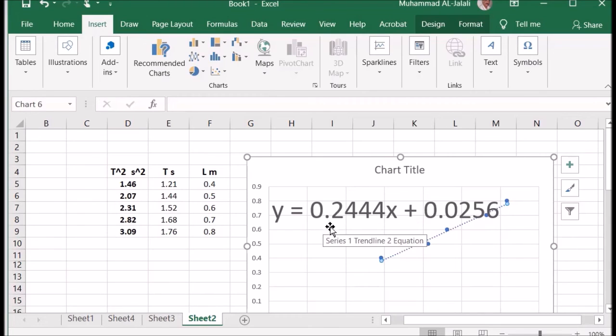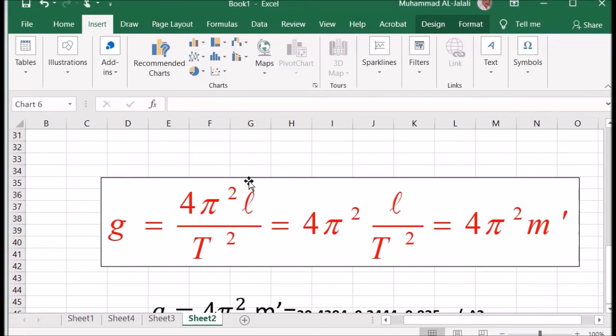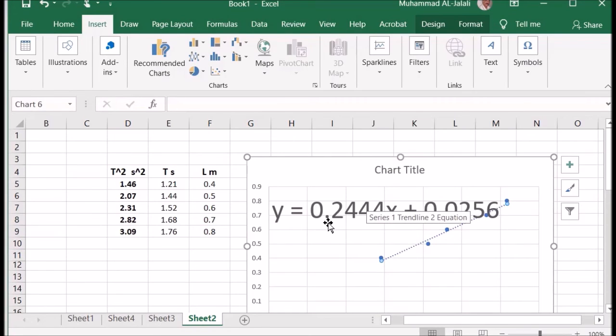The slope is 0.24, nearly 24 or 25. Our relation for g now is ready: 4 pi square equal L divided by t square, which is equal 0.24.